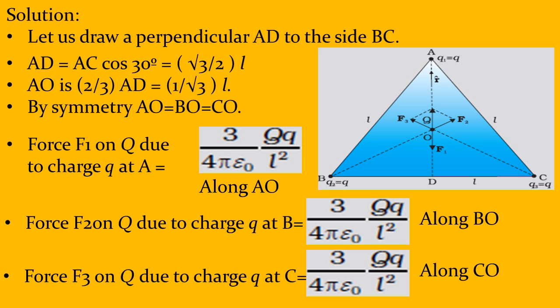F3 will have a component along OA and a second component perpendicular to it along the left side. Now the components to the right and left will get cancelled. They cancel each other and only the components along OA get added. Now what is the component along OA? Let us see.